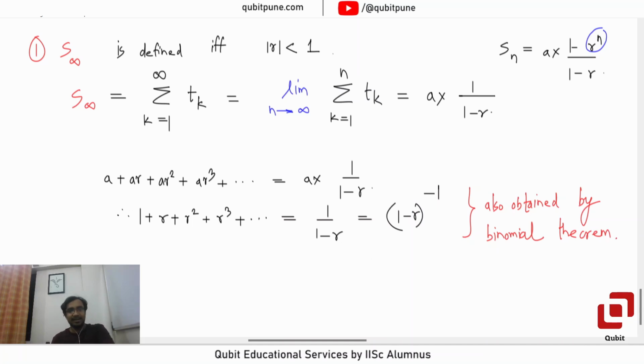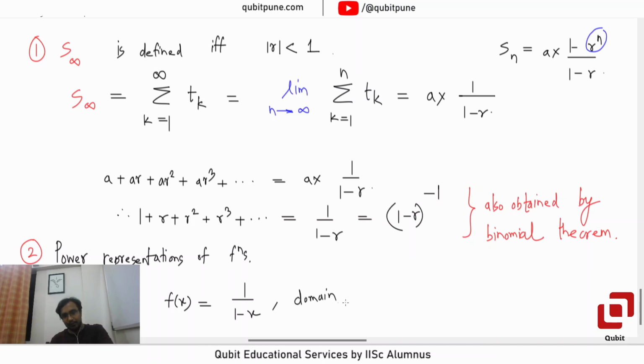That's the first significance. And the second significance of this result is that in higher mathematics, we study something which we call power representations of functions. So if we take a function f of x as 1 upon 1 minus x, of course with its domain being the open interval -1 to +1, then its power series representation is 1 plus x plus x squared and so on.